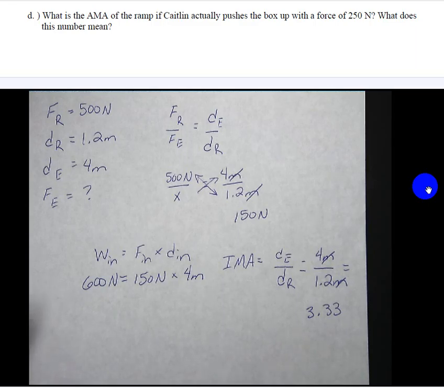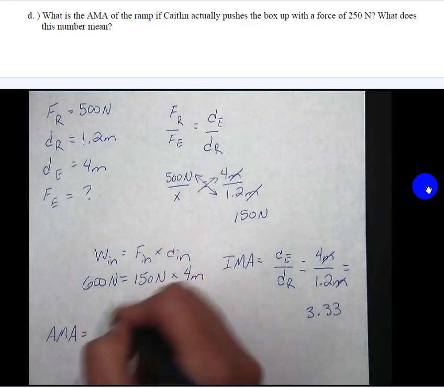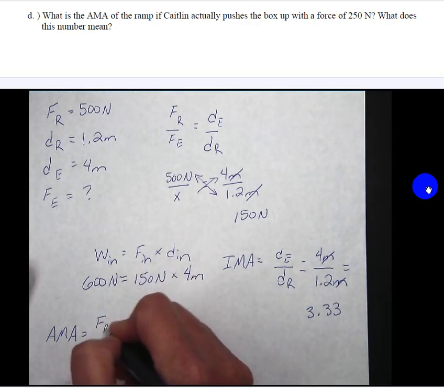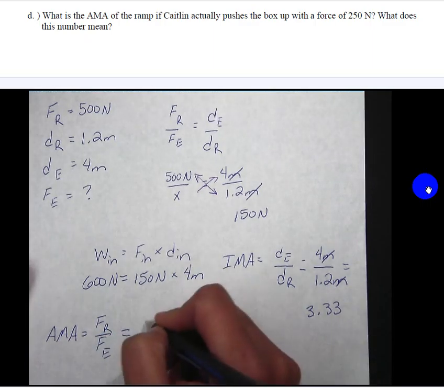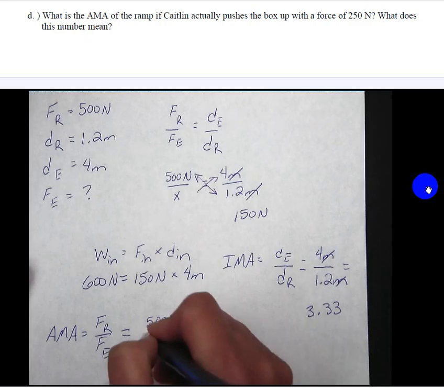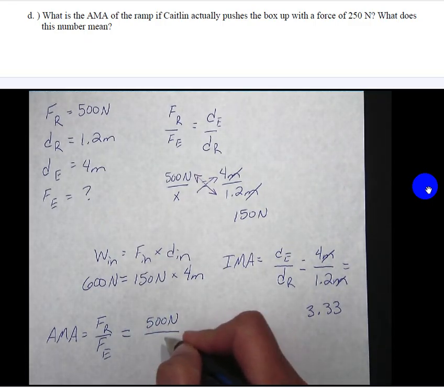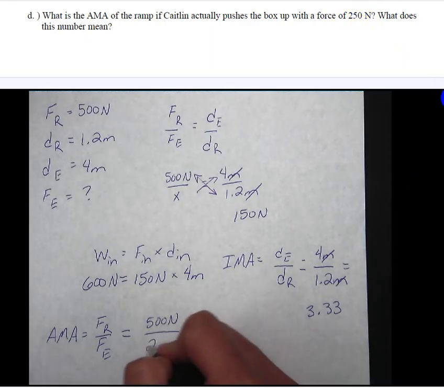Our AMA equals force of resistance over force of effort. Force of resistance is 500 newtons, and force of effort is 250 newtons, which we find in the word problem.